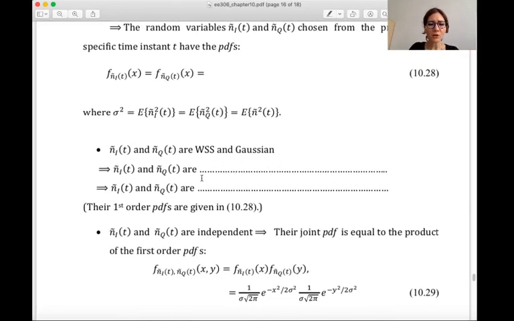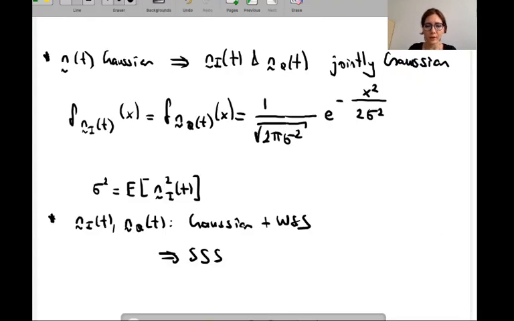But then if you're interested in the implications of this only regarding the first order densities, if a process is stationary in the strict sense, that means that it's for sure first order stationary, right? So the implication would go on. SSS implies first order stationary, which totally makes sense because we just wrote here the first order density of these processes, and nothing here depends on t, on the time instant that we're looking at.